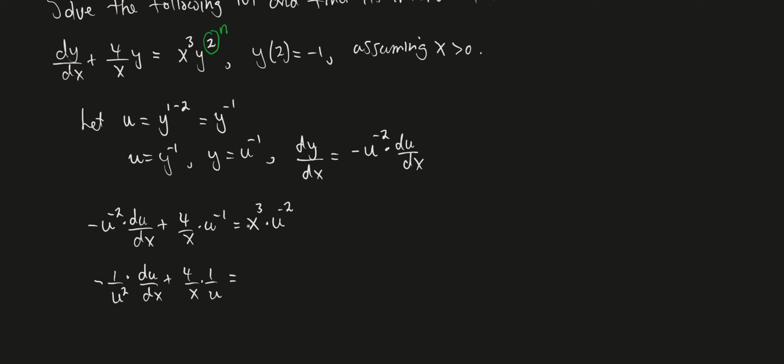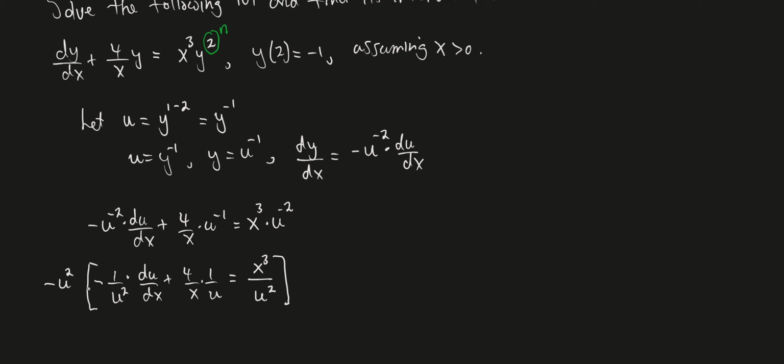And then over here we'll have x cubed over u squared. So what I need to do is multiply both sides. In fact, I will put big brackets there and say I'm going to multiply the entire equation by negative u squared.